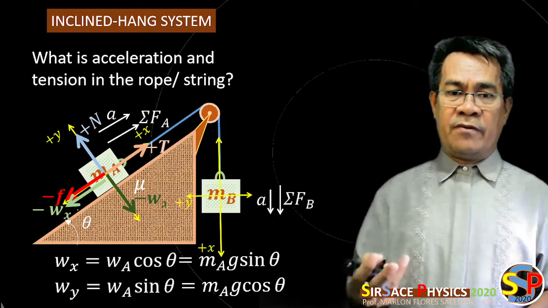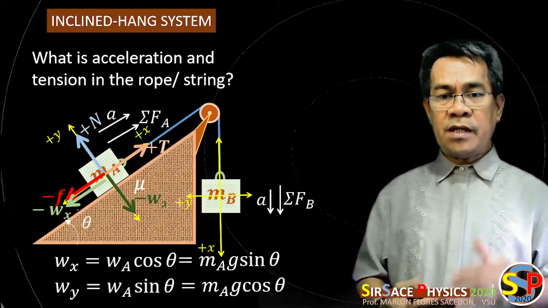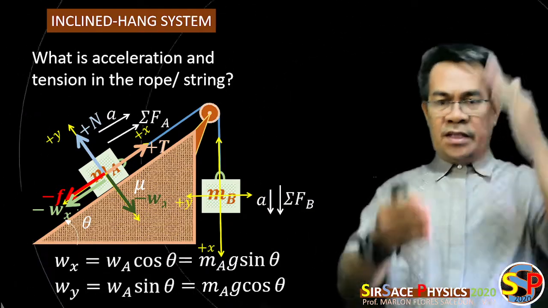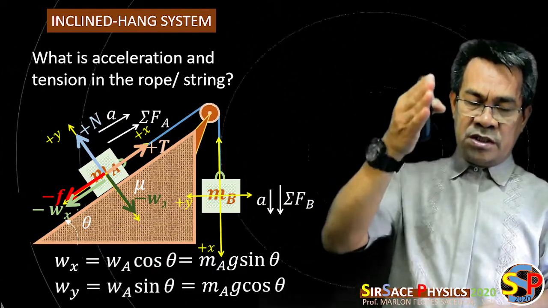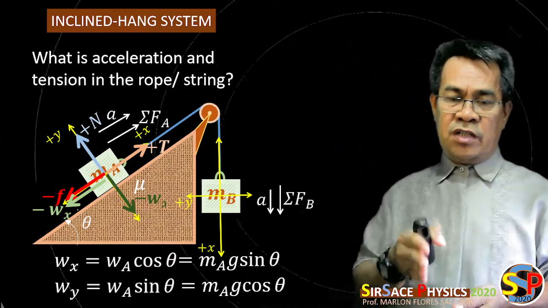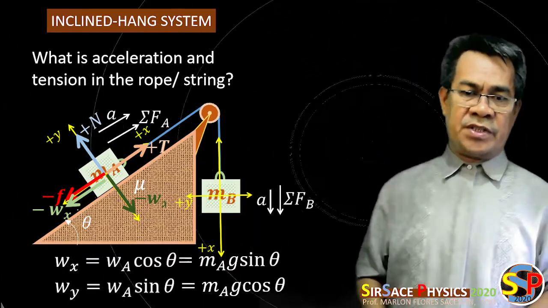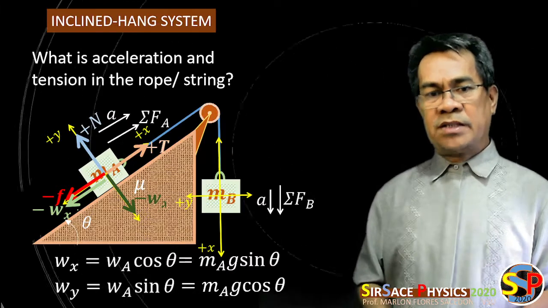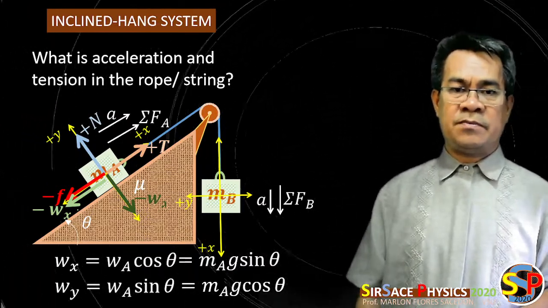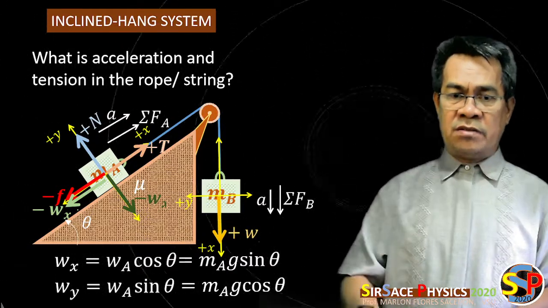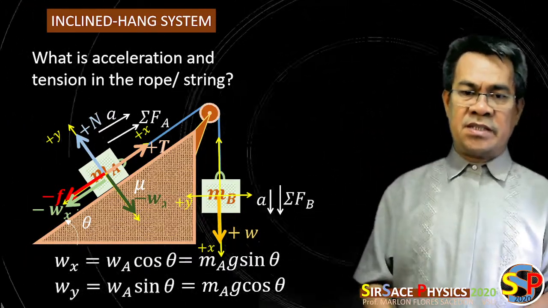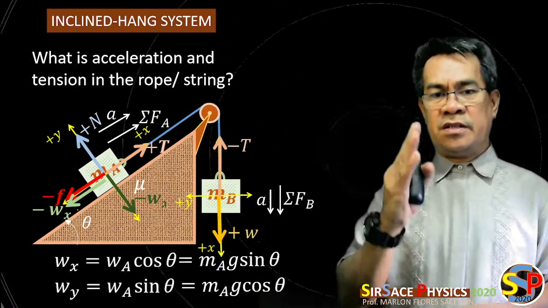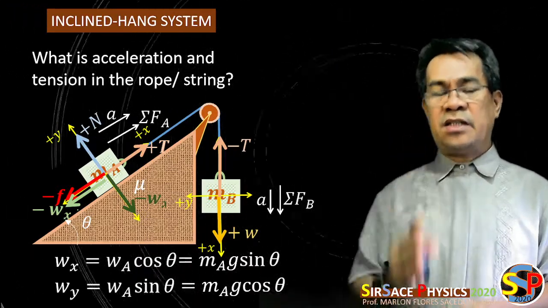For object B, you notice that X is downward. Why? Because the direction of the motion is downward. So we ensure that the net external force is along the positive x-axis. Now the forces are the weight, which is positive because it is downward along the positive x-axis, and the tension in the cord, or string, is negative.